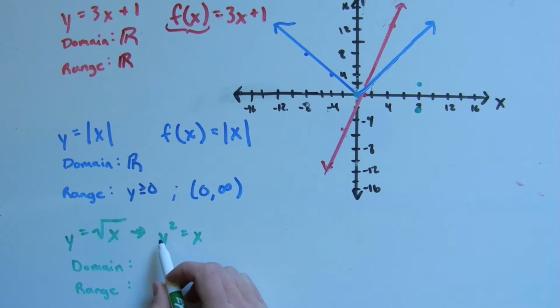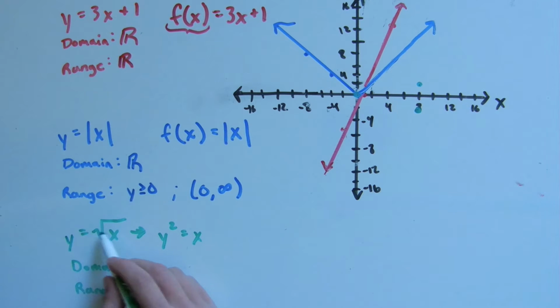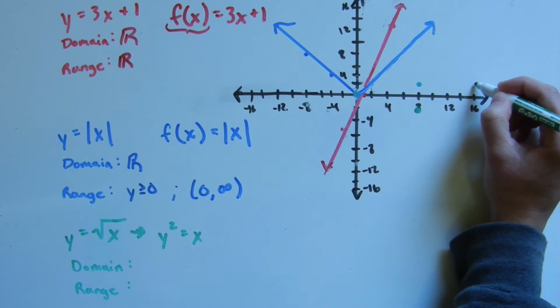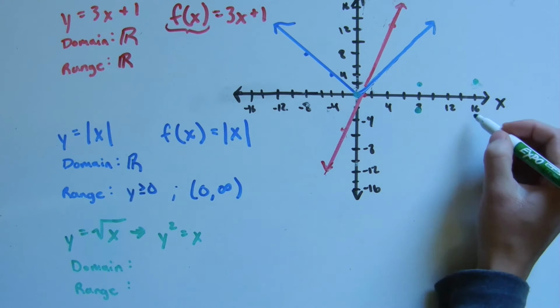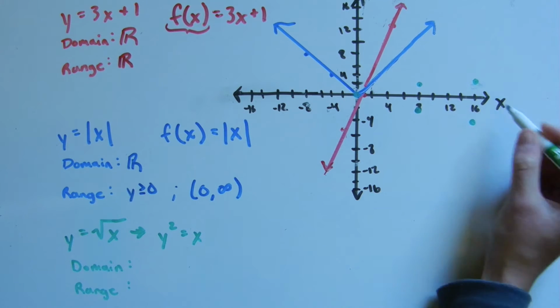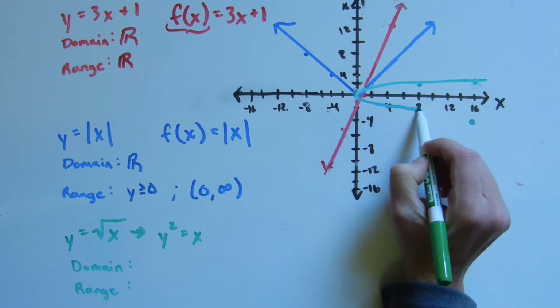Let's look at 4. If y is 4, 4 squared gives us 16. So when x is 16, the square root of 16 is 4. But remember that negative 4 squared is also 16. Connecting those dots, this isn't going to be a V shape.